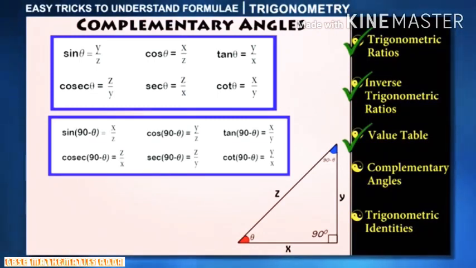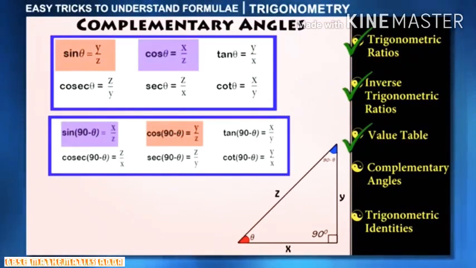So what we observe here? We observe that the value for sine theta and cos 90 minus theta are same. Then cos theta and sine 90 minus theta are equal. Similarly, the value of tan theta and cot 90 minus theta are equal. Cot theta and tan 90 minus theta are equal.